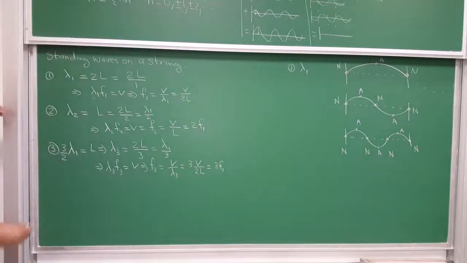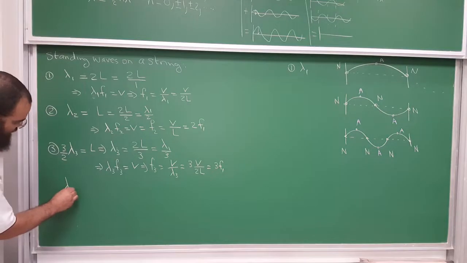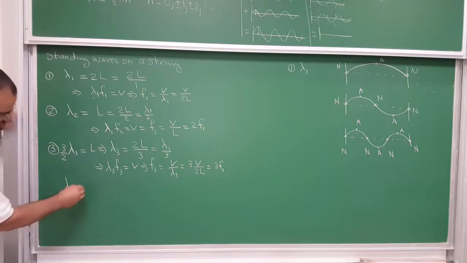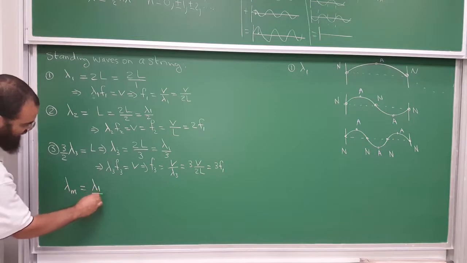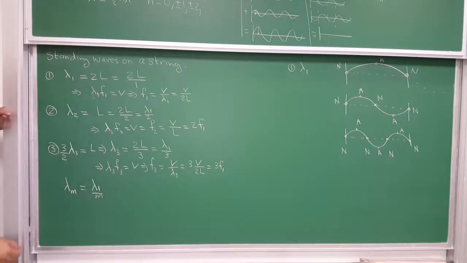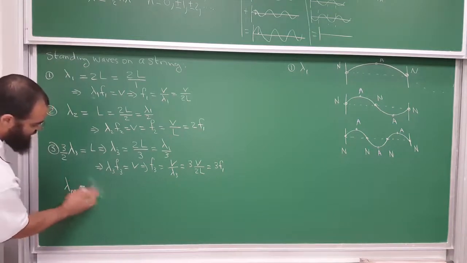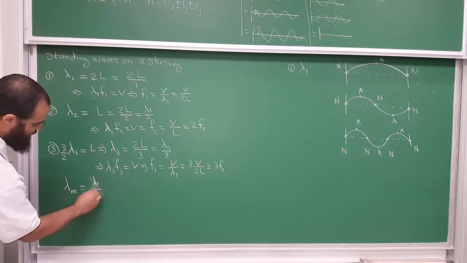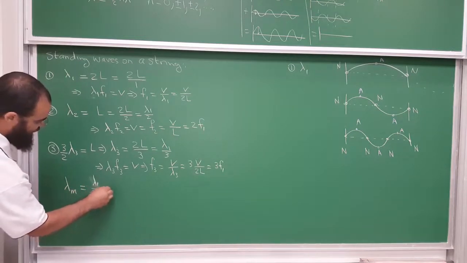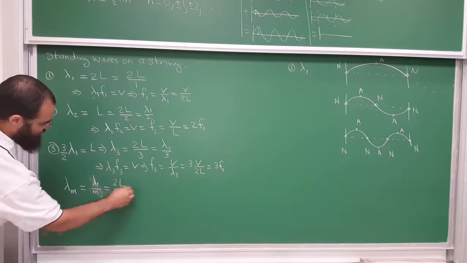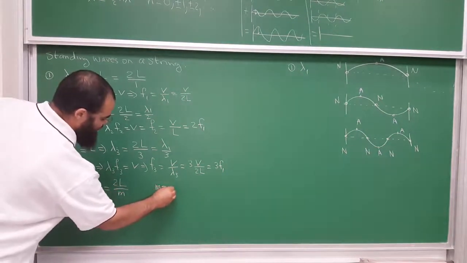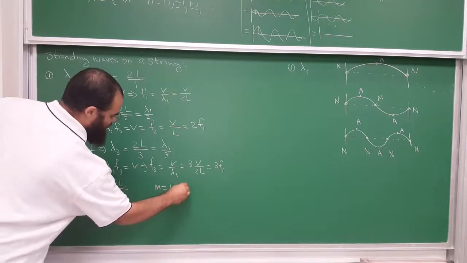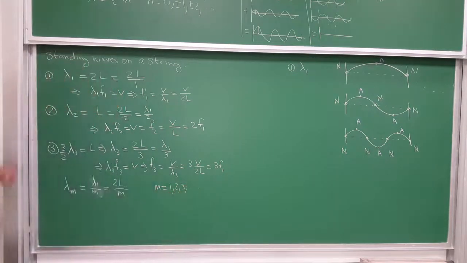So we conclude that lambda M, I'm going to label it as M, will equal lambda 1 divided by M, right? And lambda 1 is equal to 2L, so it's 2L divided by M. And what I mean by M here, M is just a number equal to 1 or 2 or 3 and so on.